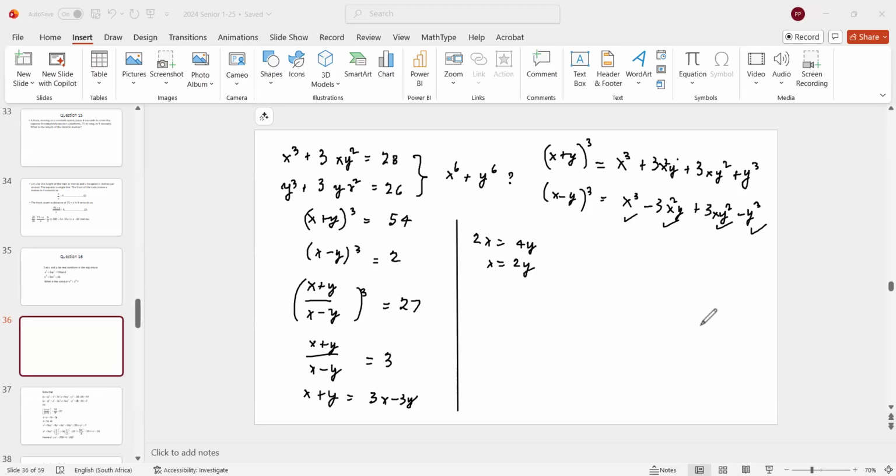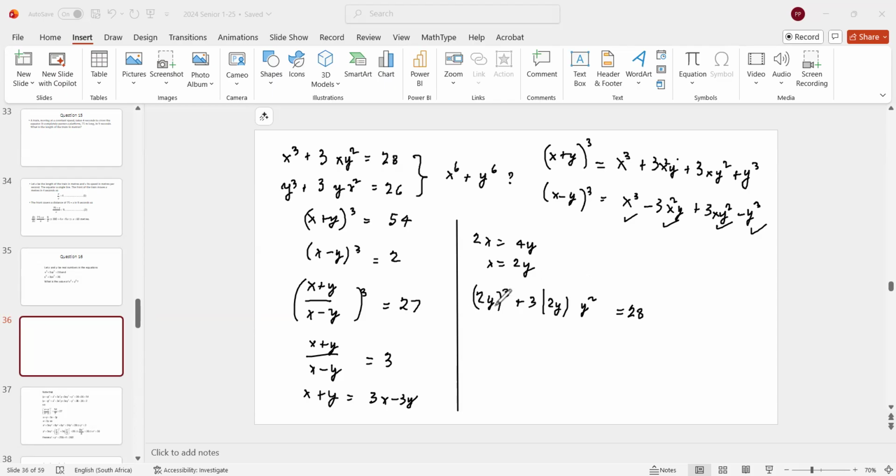Wherever I see x, I'll put 2y. So let's do that in the first case. You got 2y cubed minus 3 times 2y, y squared. I'm sorry, plus. X is 2y. And this is equal to 28.